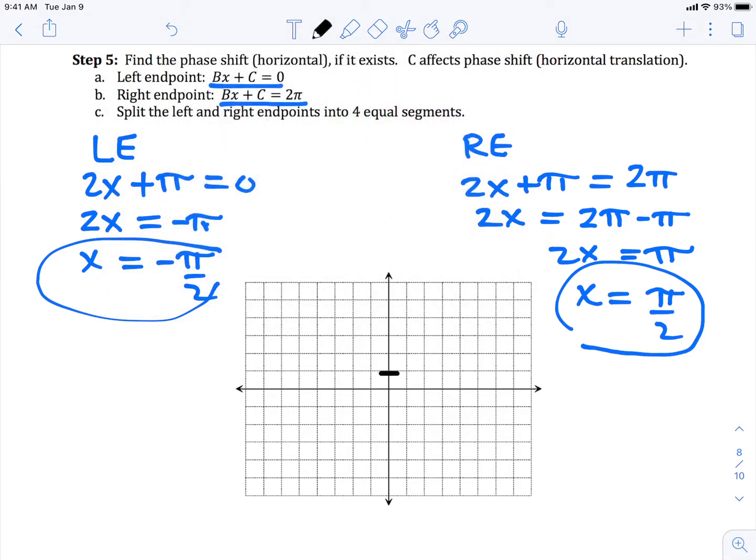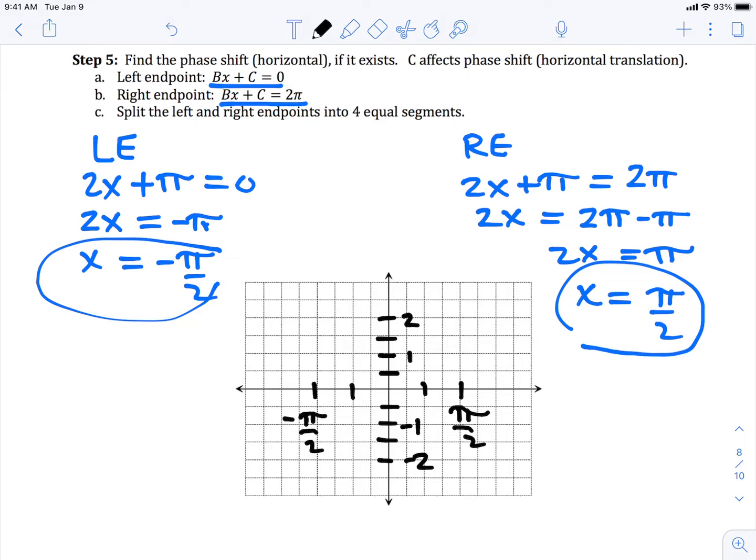So I'm going to have this be 1 and 2. Down 1, down 2. I'm going to have this be pi over 2 and negative pi over 2.